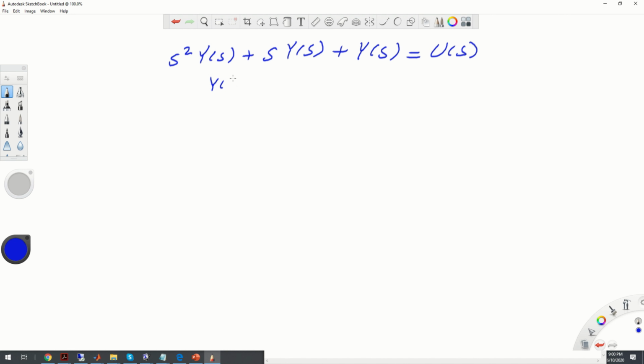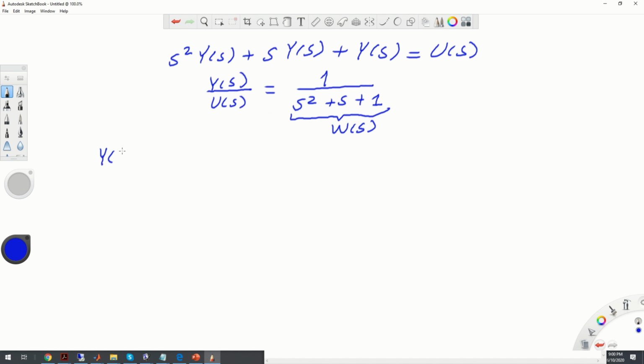It is a rational function defined by y of s over u of s, and this becomes nothing less than 1 over s squared plus s plus 1. So this is our transfer function. Or we can simply denote it by w of s.